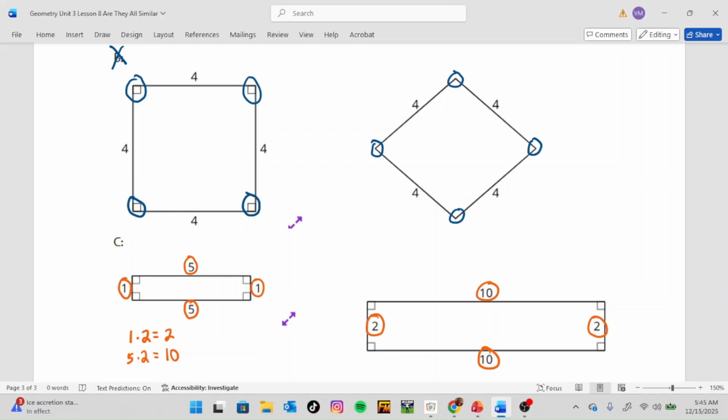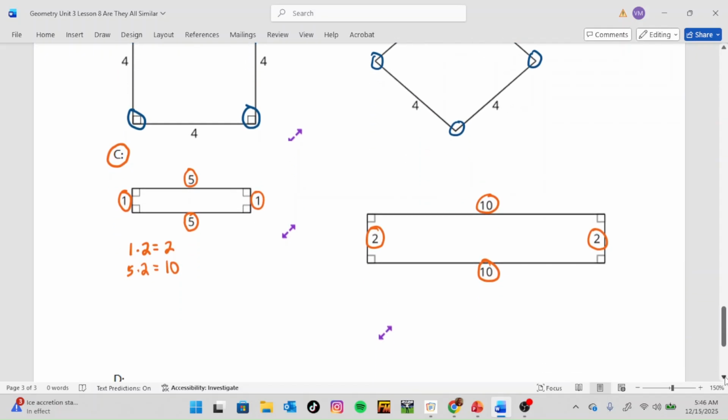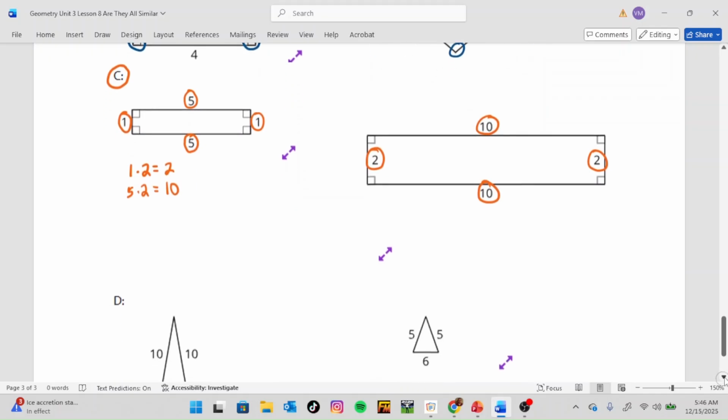I can get from one rectangle to the other by multiplying by a scale factor of 2 or 1/2, depending which one is the original and which one is the image. So C is our pair of similar shapes. Well, let's go ahead and check D just in case.